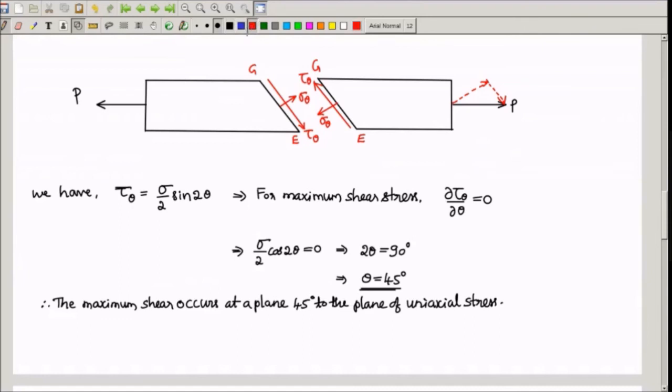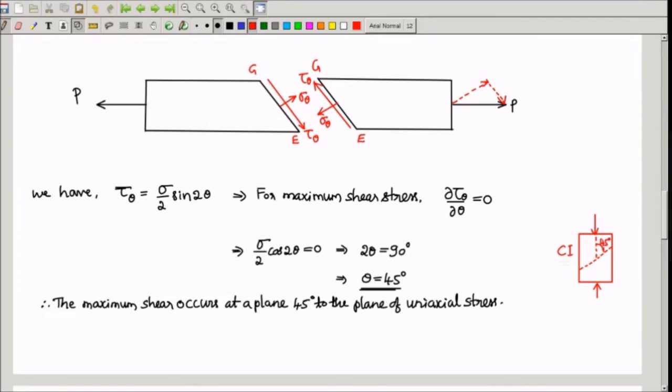The significance of this value is, see, when you test a specimen, when you apply load here, especially in case of cast iron specimen, when you load, at the failure, how does it fail? It fails in a plane like this, breaks here. What is the plane orientation? It will be 45 degree.